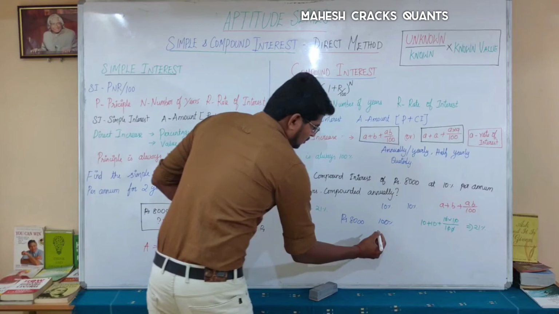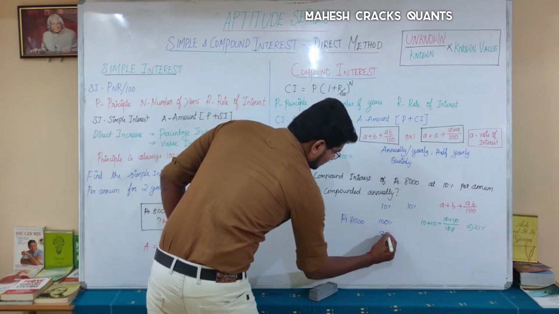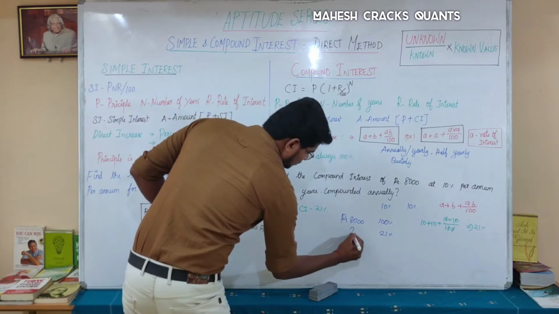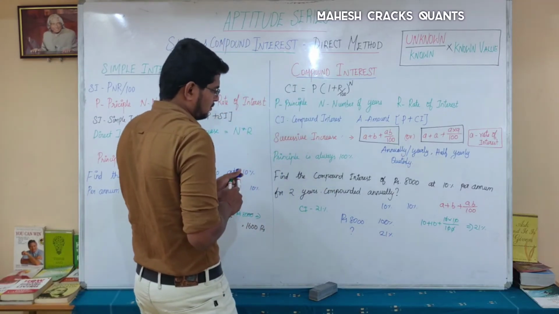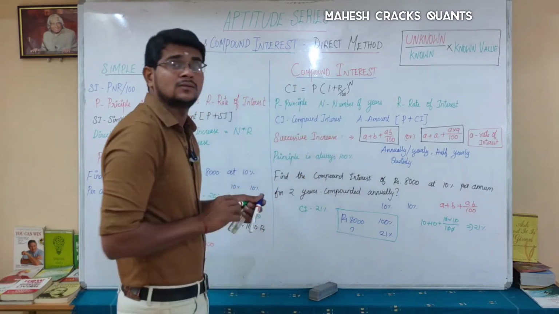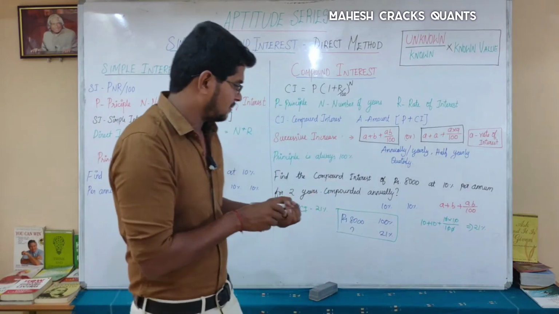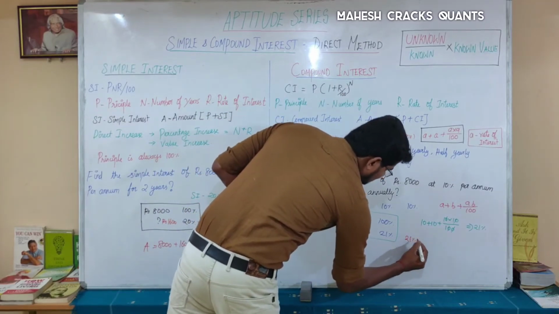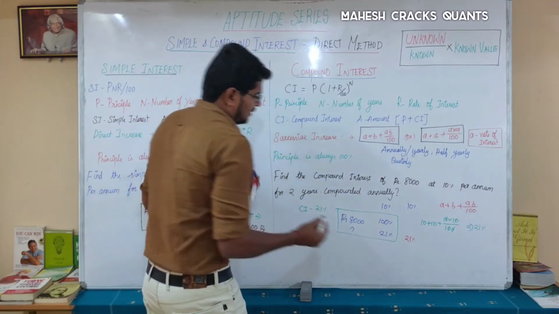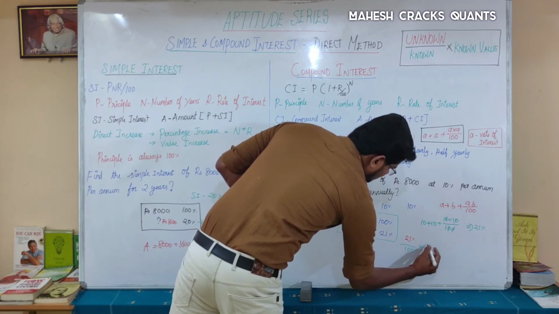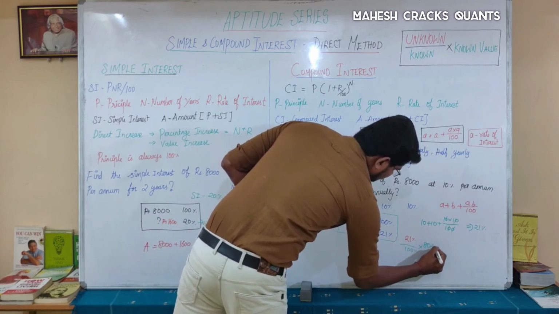Now the question is to find 21%, because compound interest alone is the question here. So box it and you will get the answer. What is the unknown here? Yes, correct, 21%. 21% is what you have to calculate, and you have the value for 100%, which is 8,000 rupees.